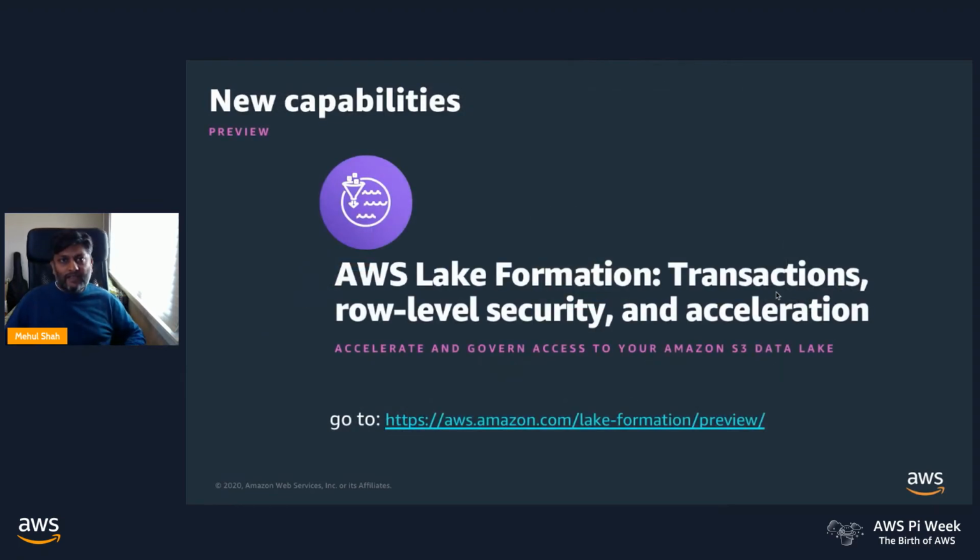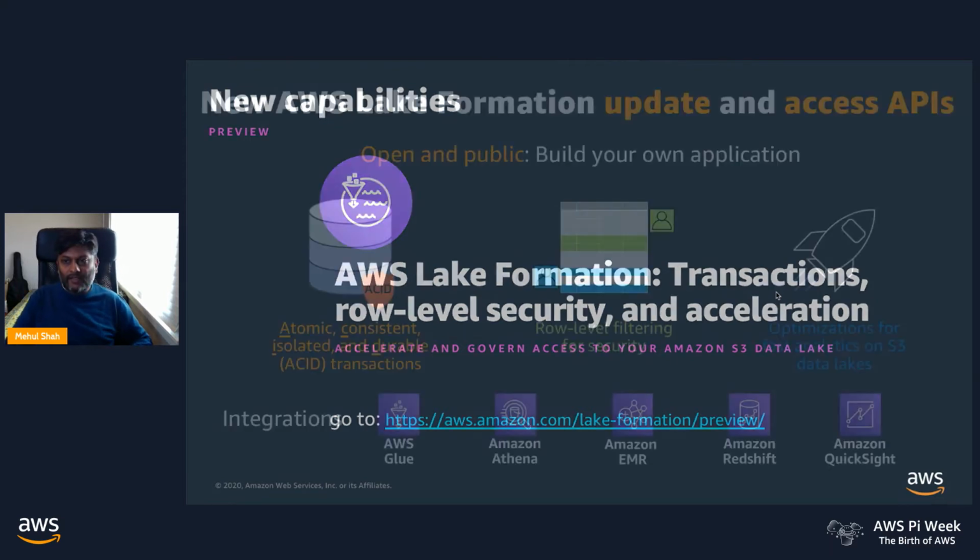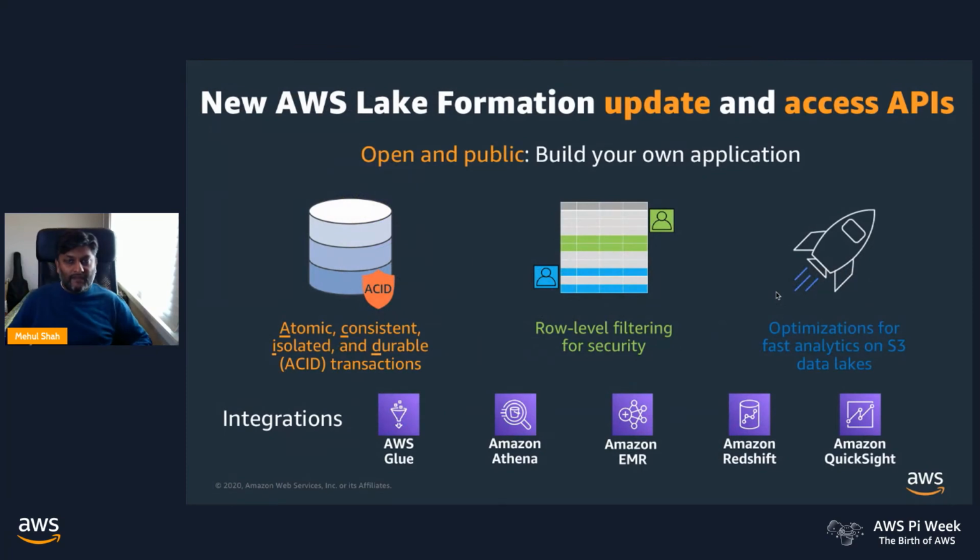And so we recently added 3 major capabilities within Lake Formation: transactions, row-level security, and acceleration, which speed up and govern access to your Amazon S3 data lake. These capabilities are embedded behind a brand new set of update or write and access or read APIs.